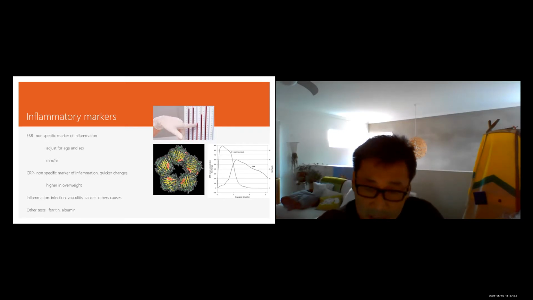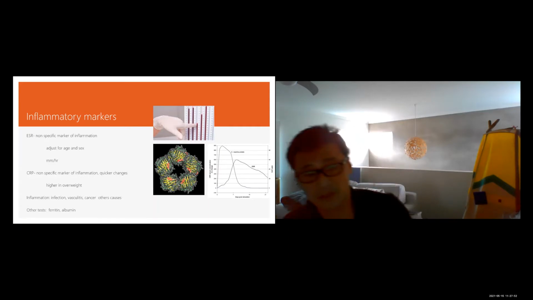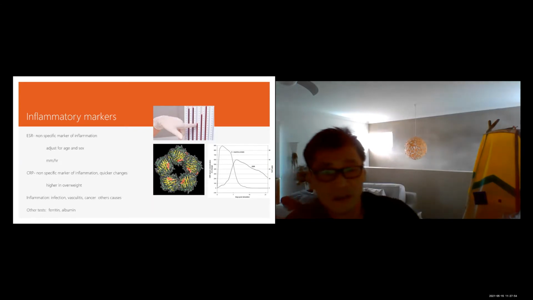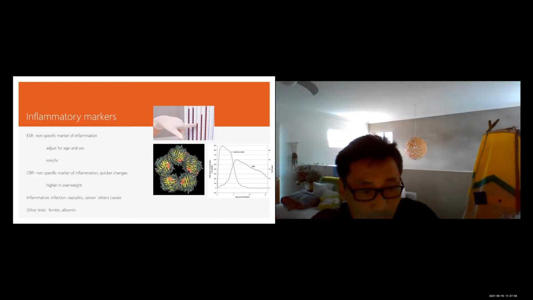But the advantage of the CRP, as I tell my students, is that it's not just a blood test. It actually has a significant role in the immune system in fighting bacteria by coating bacteria and activating the immune system.